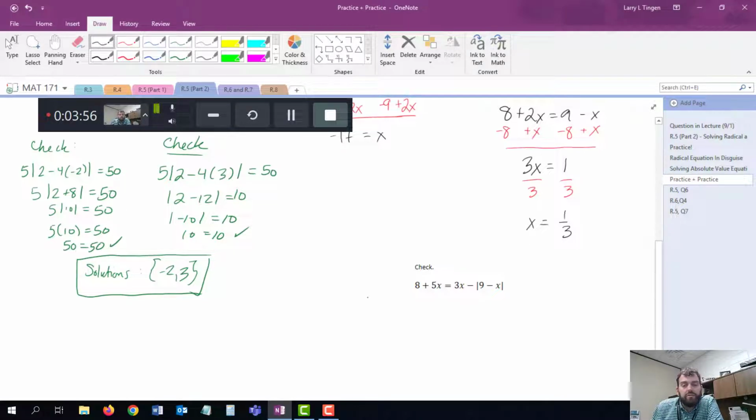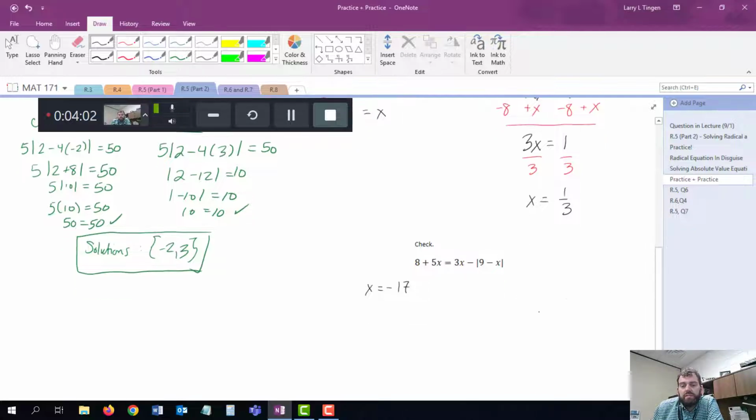And let's get after it. So, -17, try it out. -17, plug that in, and we get 8 plus 5 times -17 is equal to 3 times -17 minus absolute value 9 minus -17.